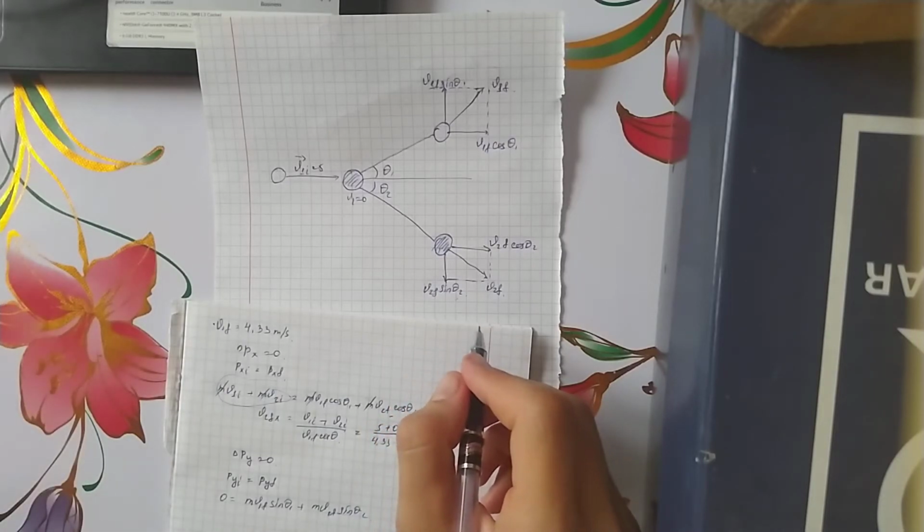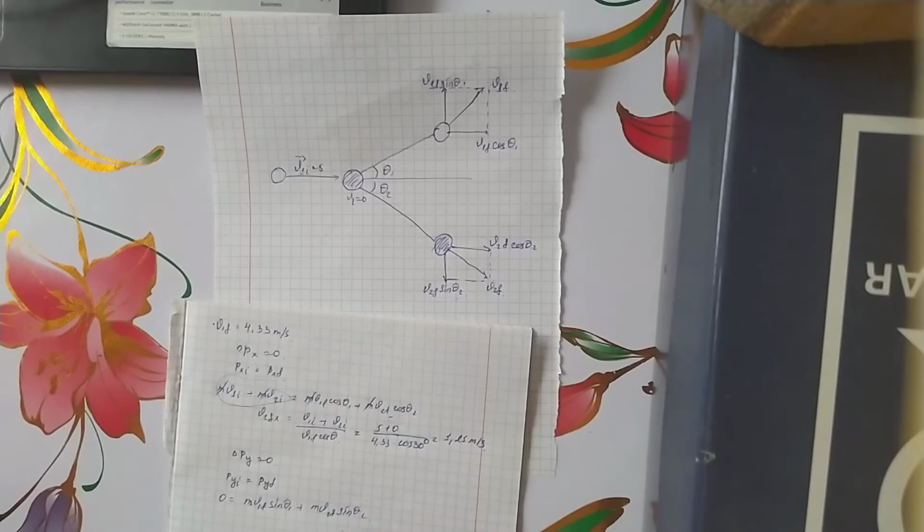Solve for v2 final sine theta 2, which is the vertical component of the final velocity of the struck ball. The v2 final y component equals minus v1 final sine theta 1.